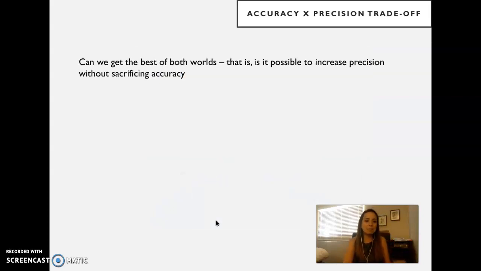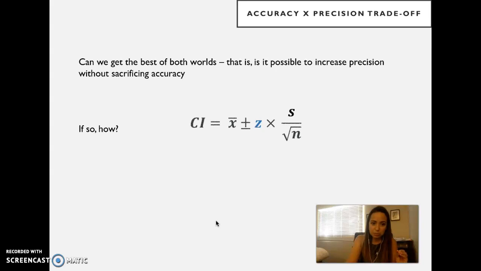So can we get the best of both worlds? That is, is it possible to increase precision without sacrificing accuracy? I already hinted to you that the answer to that is yes. But the important piece is I want to go slowly here and explain to you how that's possible. So here is our formula for the confidence interval.